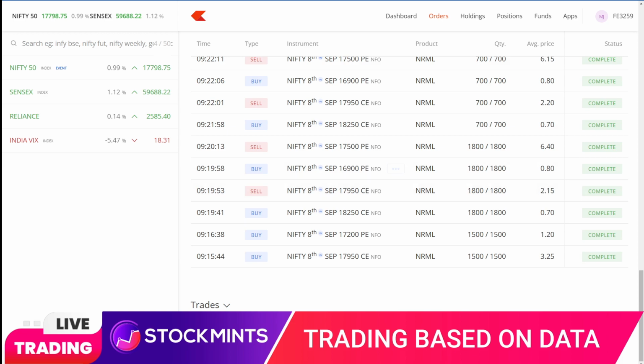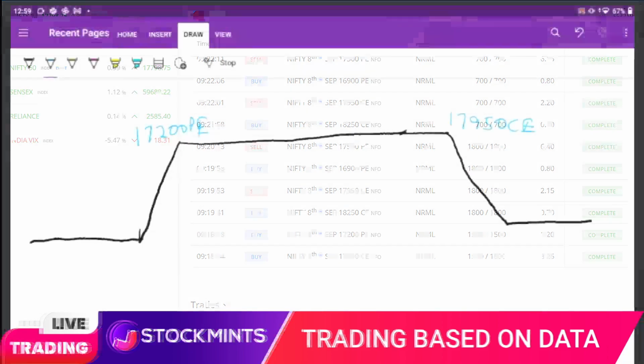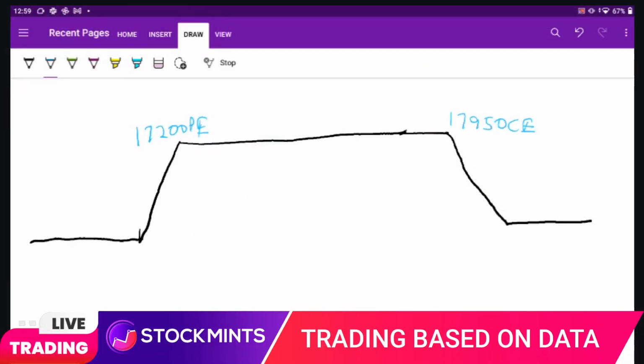So let me go to the diagram and add these values to make it visually clear for you.